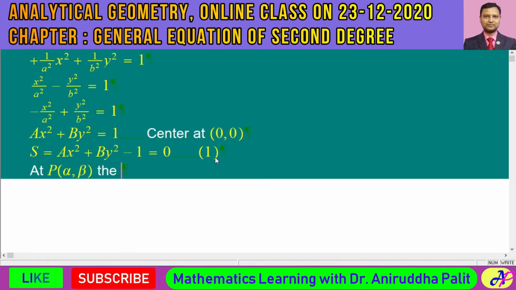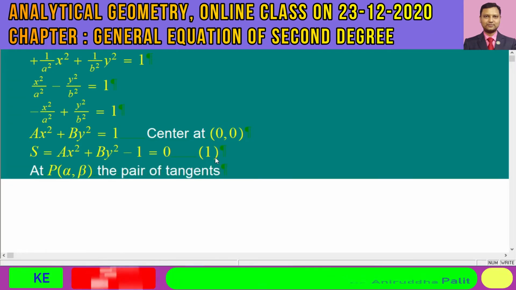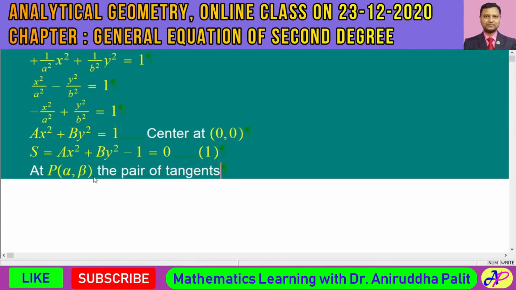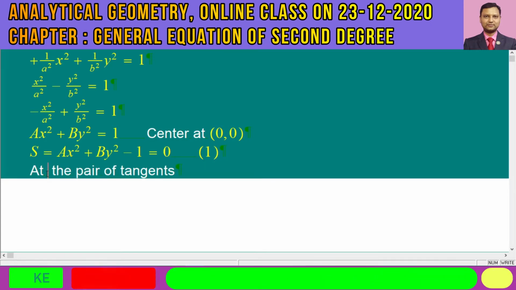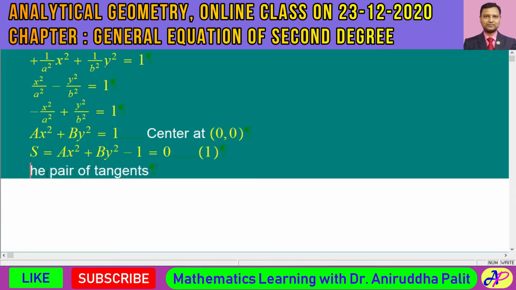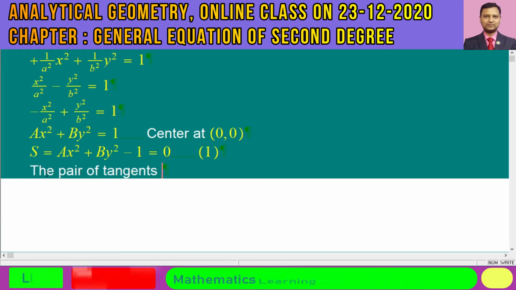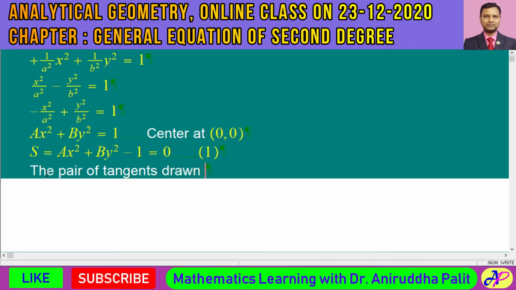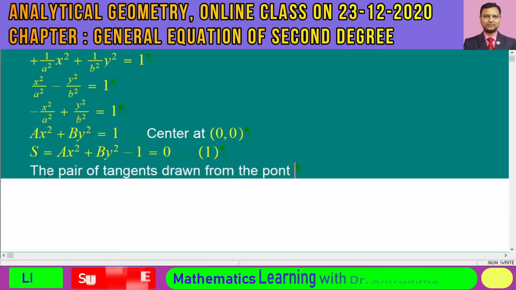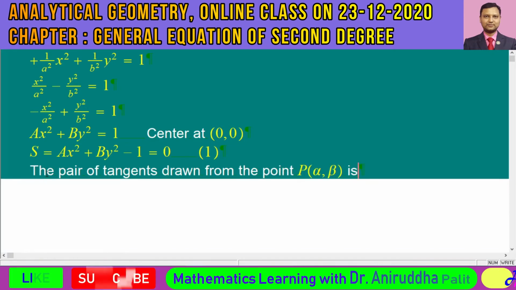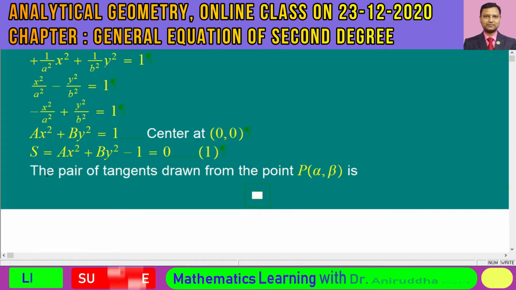The pair of tangents drawn from the point P alpha comma beta is represented by which formula? SS1 is equal to T square.